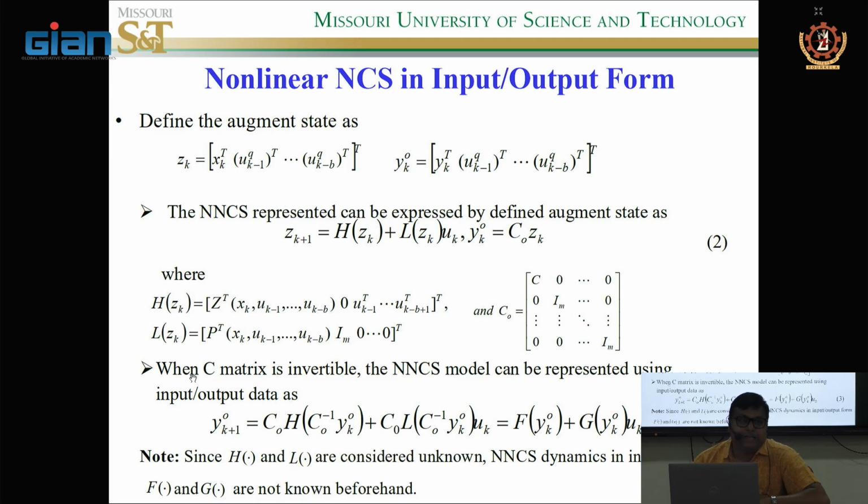Here, very important, see the structure of the C matrix. When the C matrix is invertible, the NCS model can be represented using the input output data, which is represented by equation number 3.